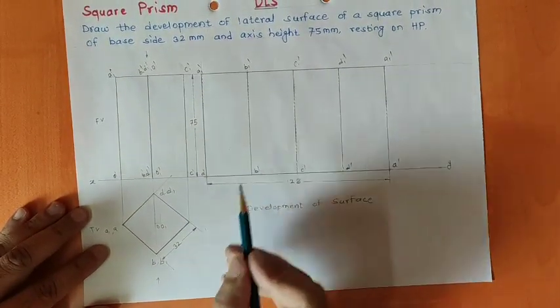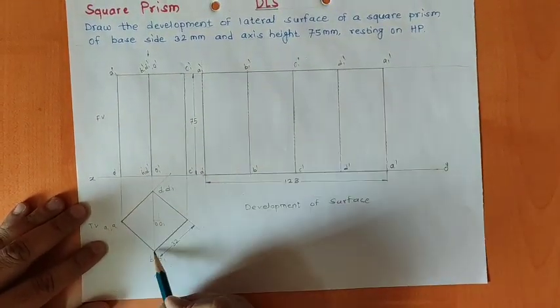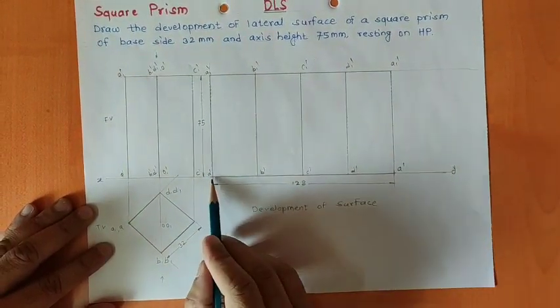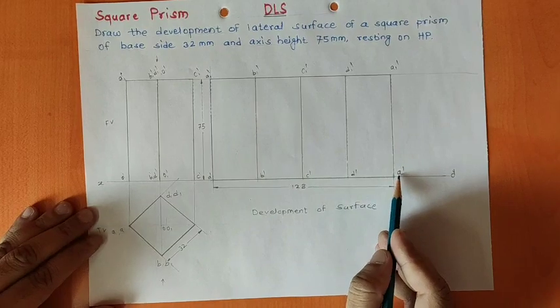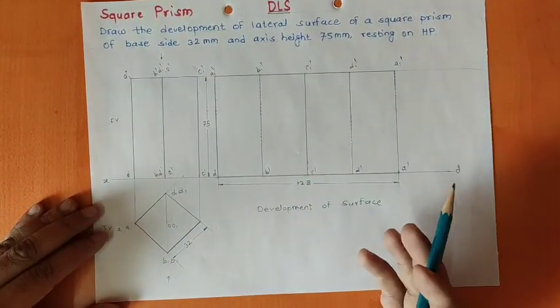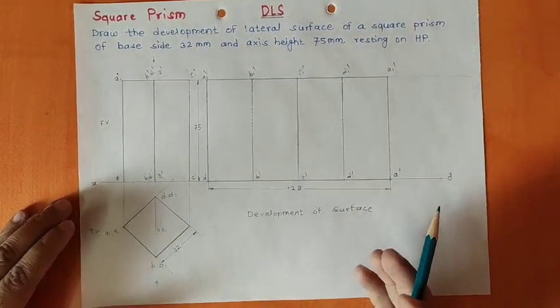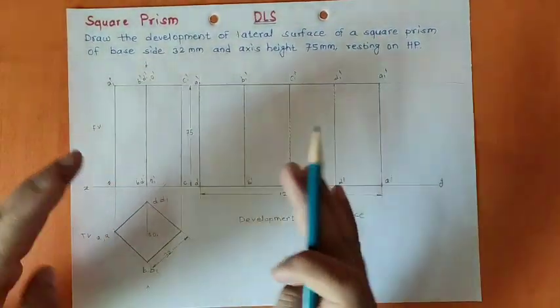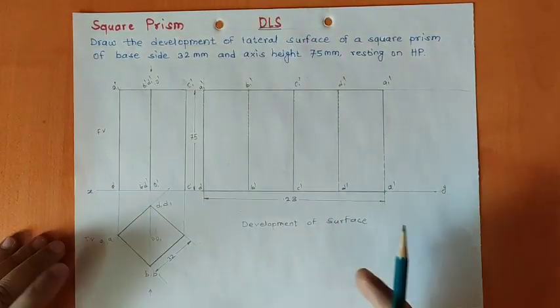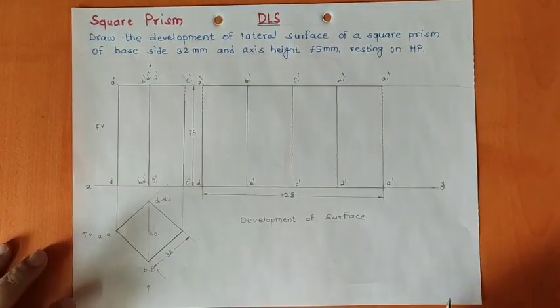Then you will take in the compass a distance equal to the edge of the base, and with that you will mark the distances. So you will get points B dash, C dash, D dash, and the last A dash. Since it is a square prism, you will get 1, 2, 3, 4 rectangular surfaces or 4 rectangular faces. Once you join this A dash with this A dash, you will get a square prism. So this is the development of surface.